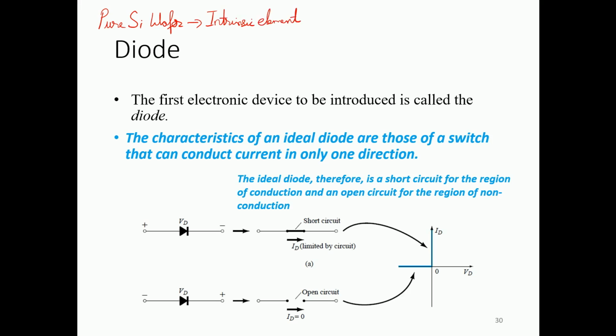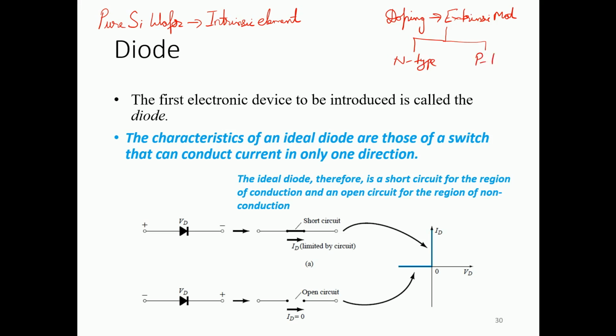In order to utilize this silicon, we talked about the method of doping, or what we called extrinsic material creation.